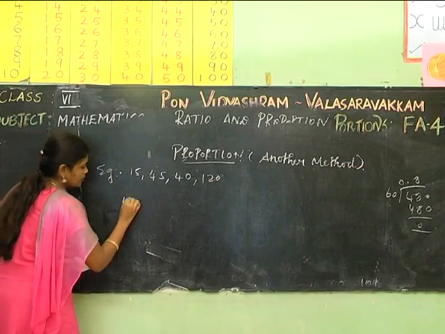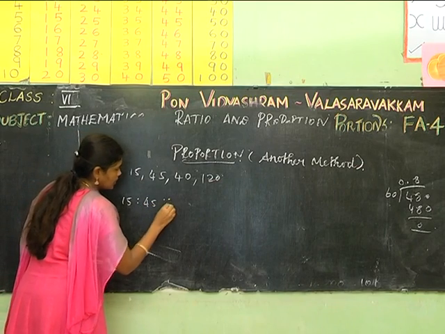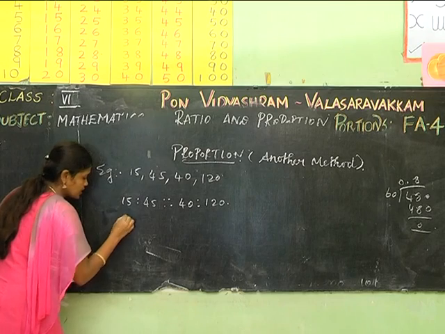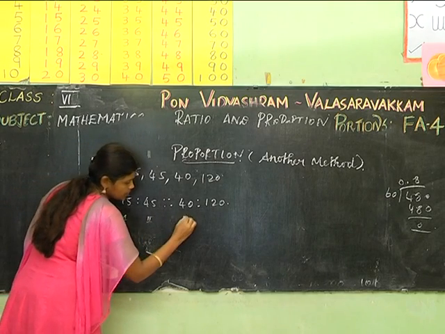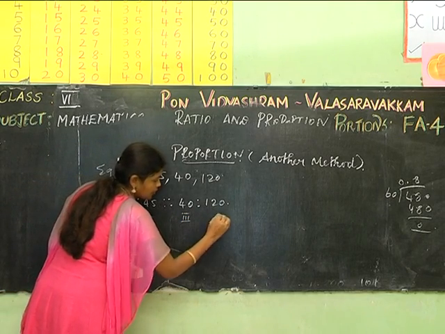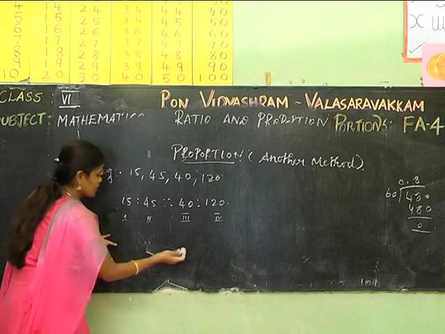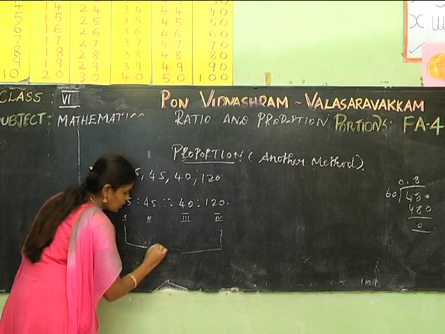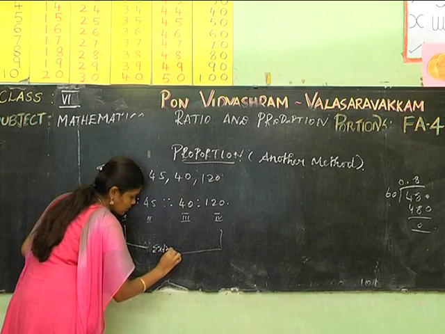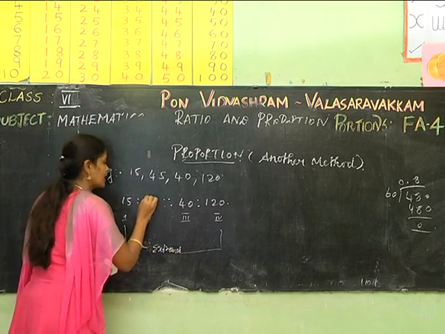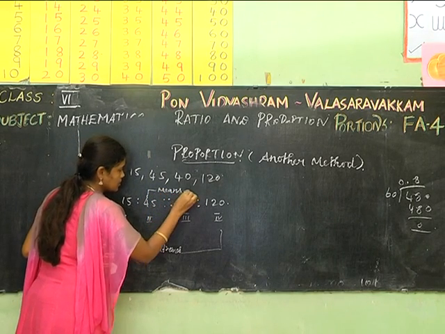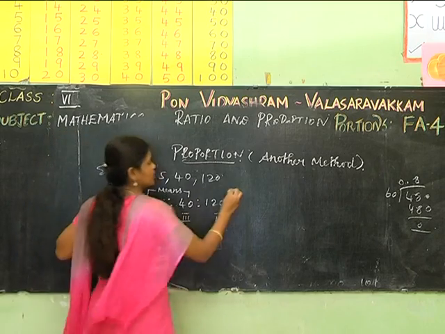See this, 15 is to 45, proportion to 40 is to 120. This is your first term, this is your second term, this is your third term, this is your fourth term. First, you have to multiply these two. This is called extremes. Again, you multiply these two. This is called means.